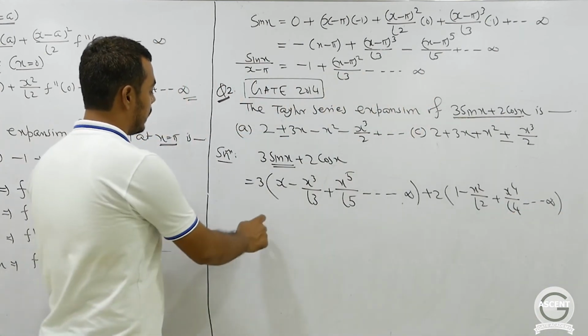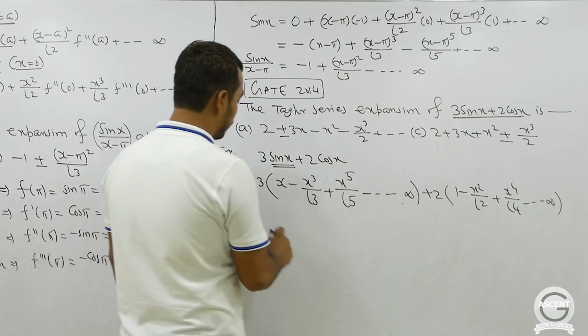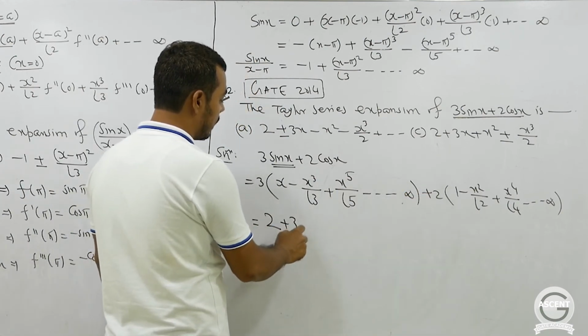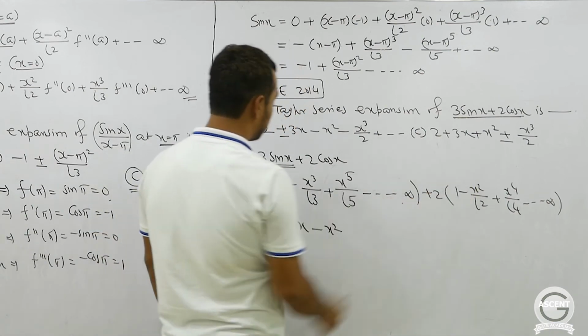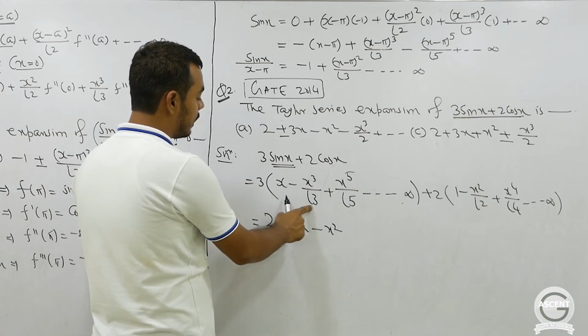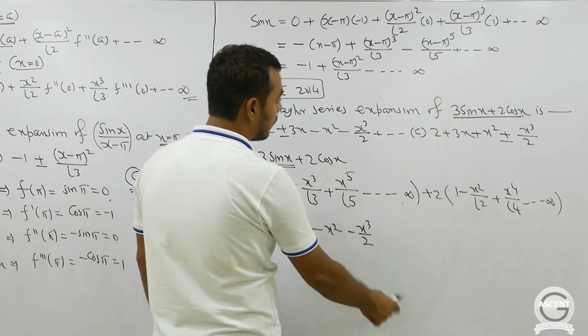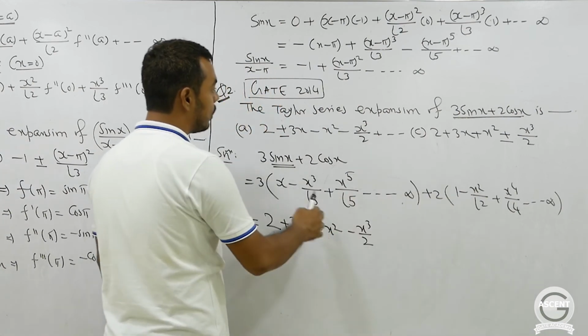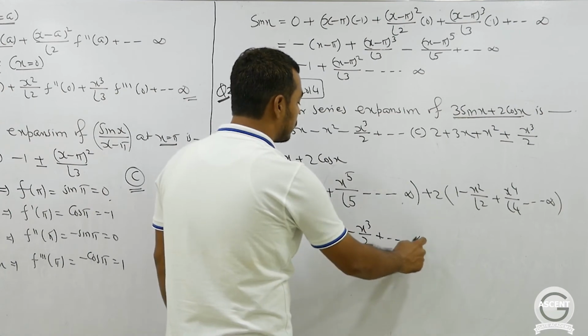If you want to rearrange the terms, you will get constant 2 from here, 3x from here, then minus x square, the 2 and 2 cancel, minus x square; factorial 3 means 6, 3 by 6 is 1 by 2, so minus x cube by 2. Then we'll get x to the power 4, but we don't need that since the options are up to x cube only.